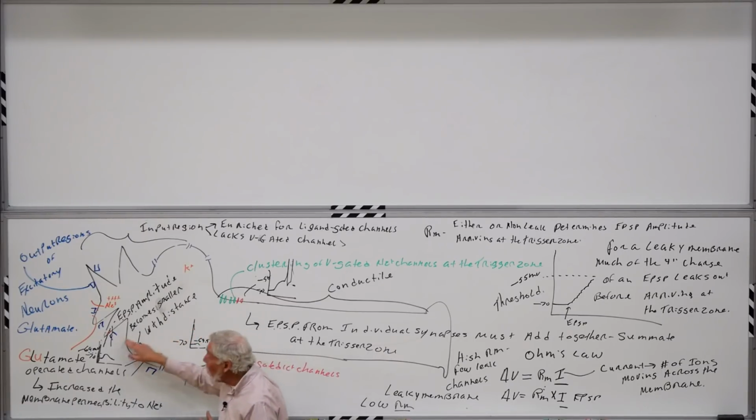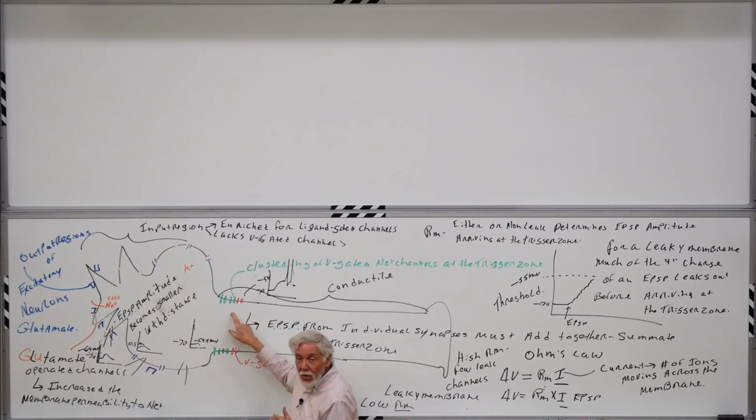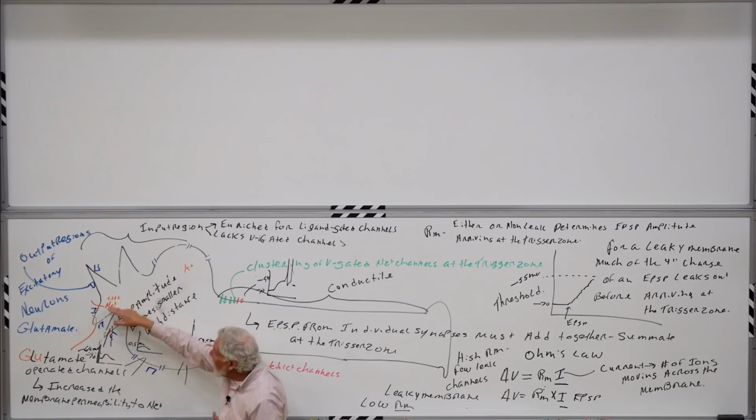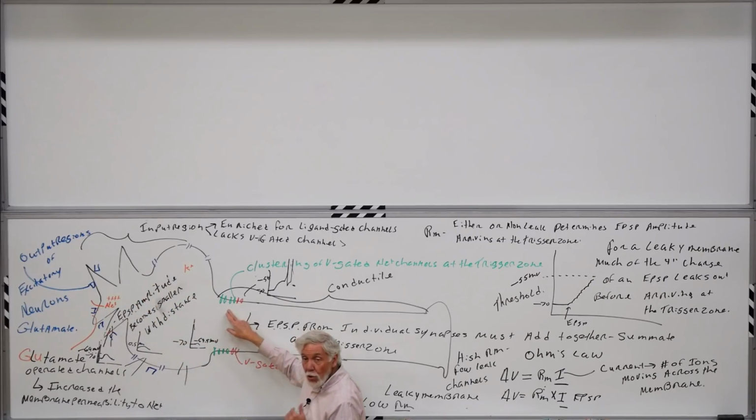And so in most cases, we'll need maybe 100 of these to summate at the trigger zone. So 100 individual synapses must become active more or less simultaneously to provide sufficient positive charge at the trigger zone to fire an action potential.